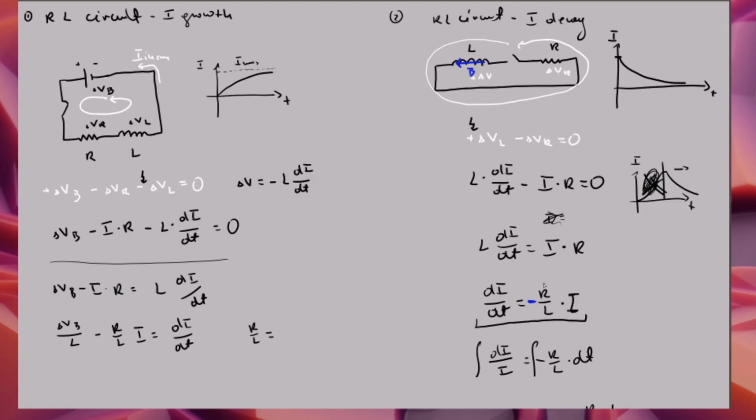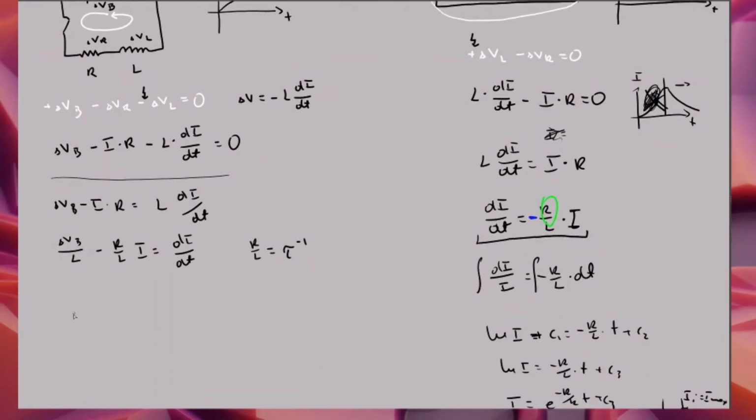We had it here as well, and that's the time constant. Actually, it's the inverse of the time constant. So let's keep going with this equation. We'll play with it in a little bit.